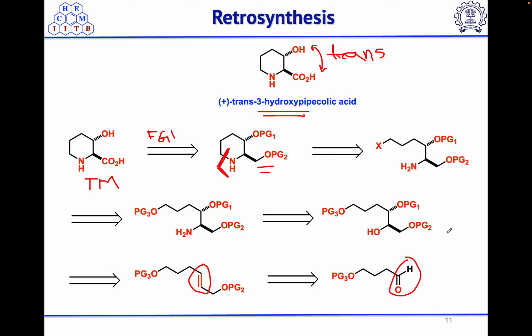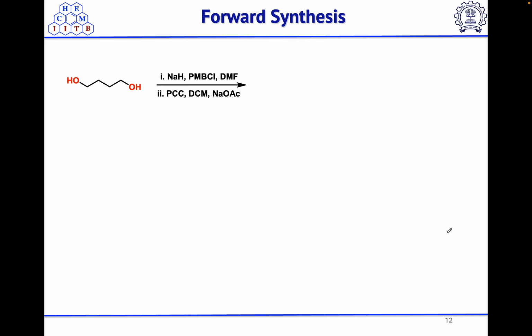Now the forward synthesis. The forward synthesis is more interesting. Basically we have 1,4-butanediol, and this is a symmetric molecule, right?